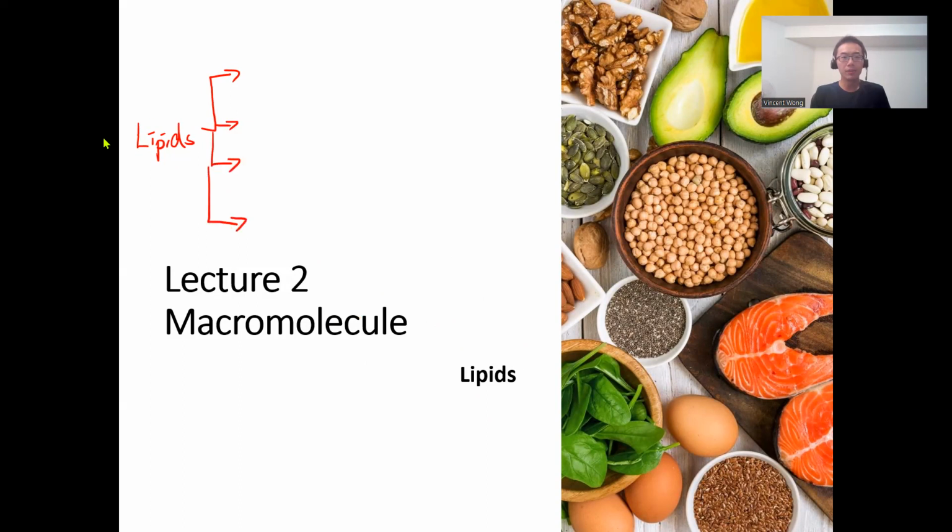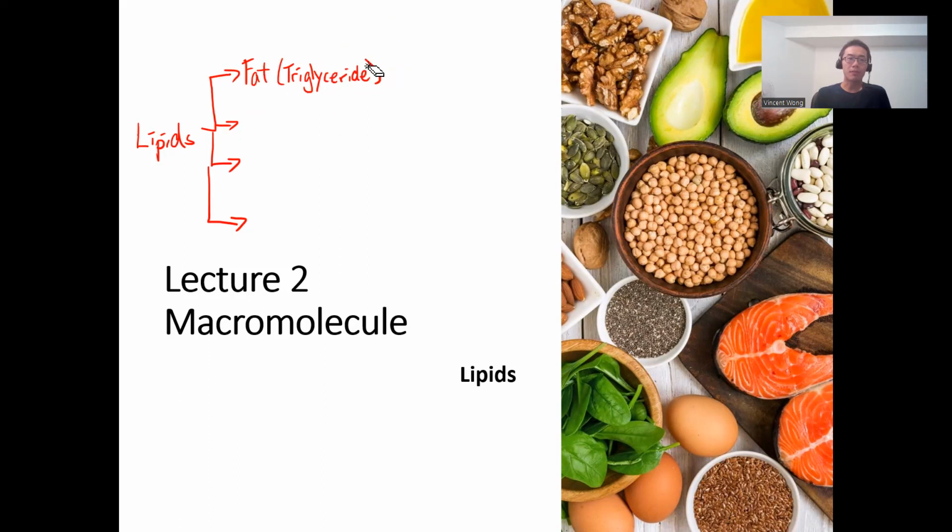All right, so under lipids, there are 4 types that we will discuss. The first one is fat. Fat has a fancy name, which is called triglyceride. Triglyceride. It's a fancy word for fat. There are a lot of complicated terms for simple things in biology, unfortunately.